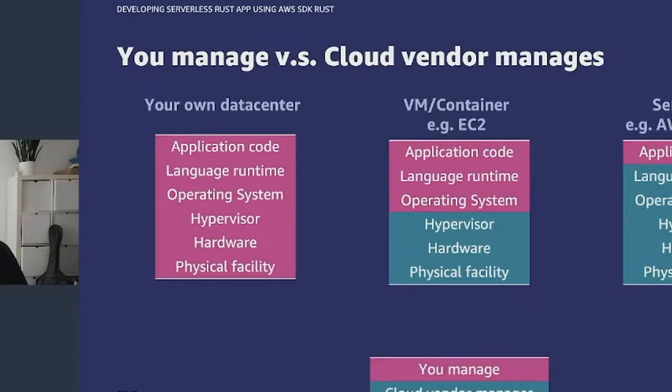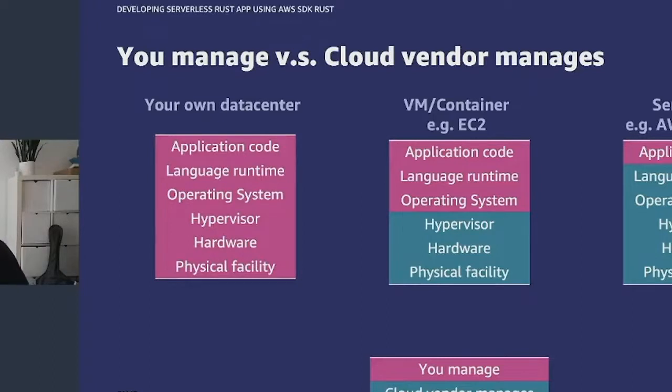If you move that to the cloud and use a virtual machine service, for example, EC2, then some of the responsibilities are shifted to the cloud vendor, right? Like the hypervisor, the hardware, and the data center itself. AWS would handle that. You only need to take care of the operating system, language runtimes, and the application code.